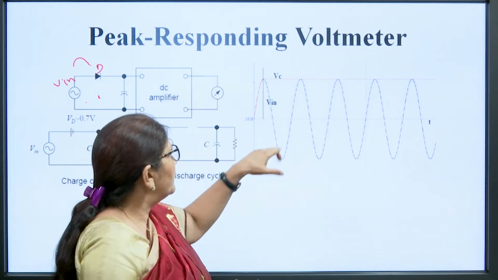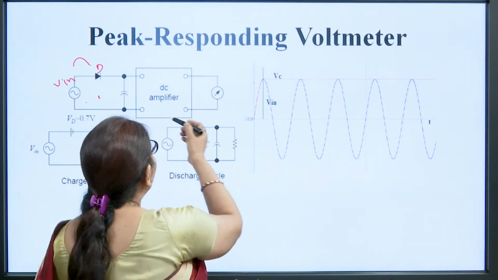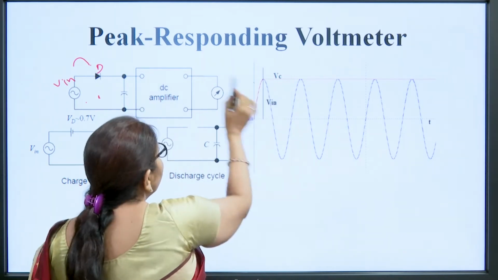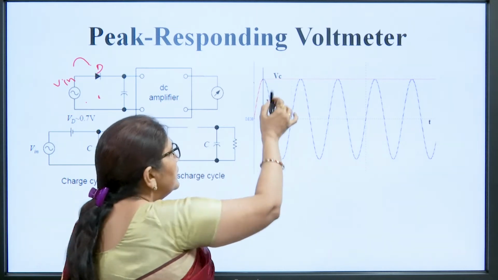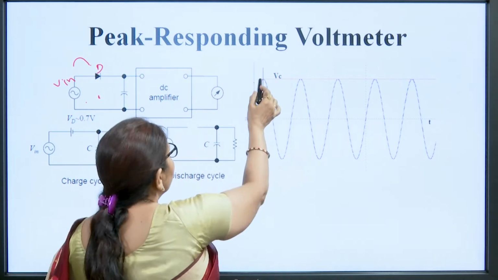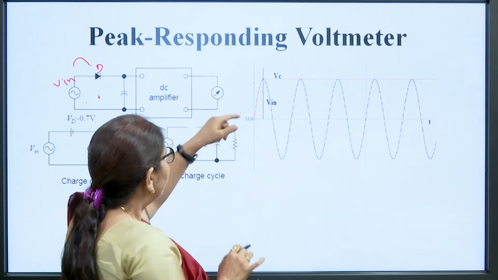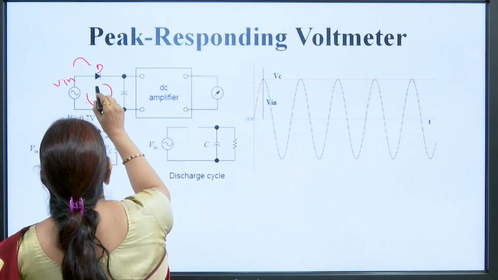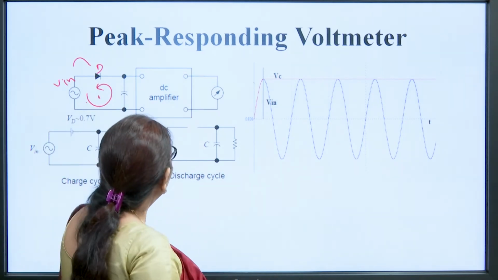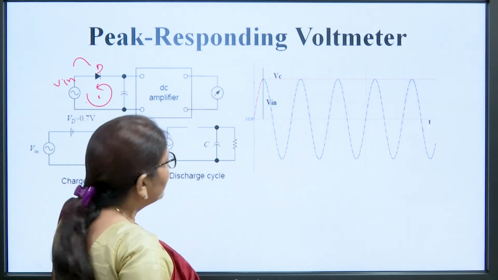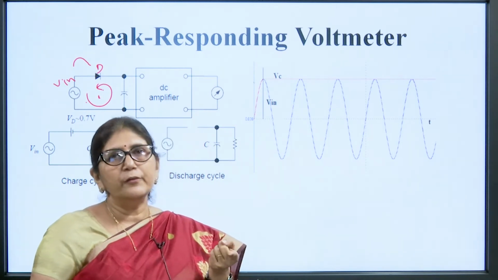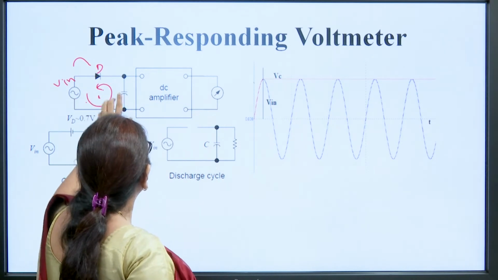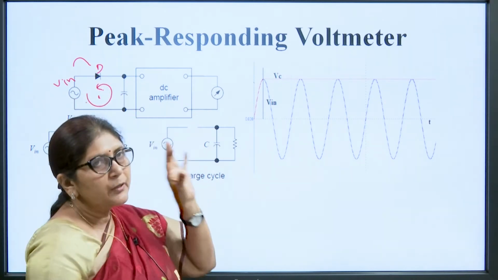After that, when the negative cycle appears, the cathode of the diode is positive with respect to the anode, so the diode will not conduct. When the diode does not conduct, there is no discharging or charging of the capacitor.